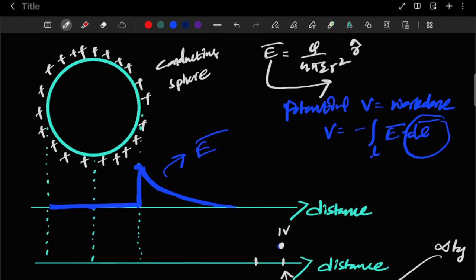It should be higher than the 1 volt only, because if it is 1 volt from the infinity up to this point, then for more distance, more work is to be done, more potential will be there.